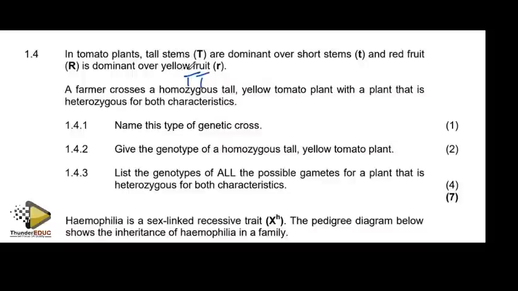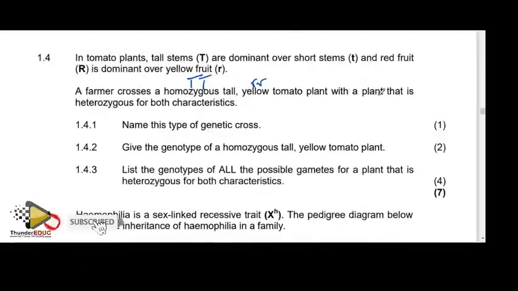Yellow is recessive, and the moment they say yellow, I don't need to say homozygous or heterozygous. It's always homozygous because it's recessive. Plant that is heterozygous for both characteristics.